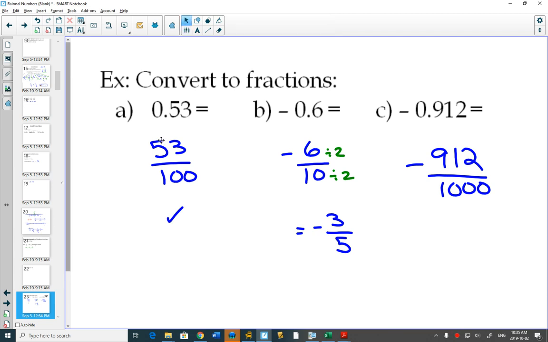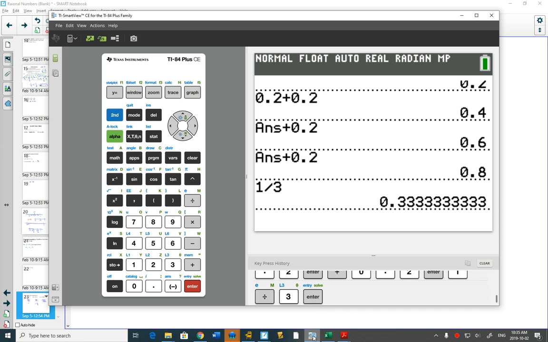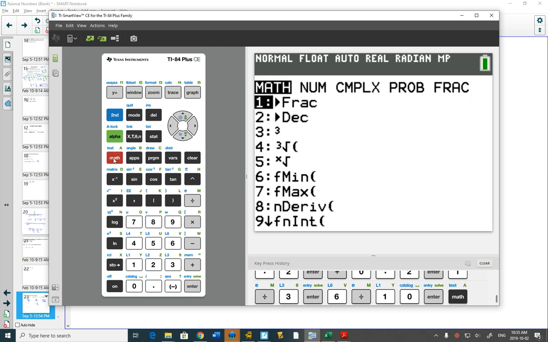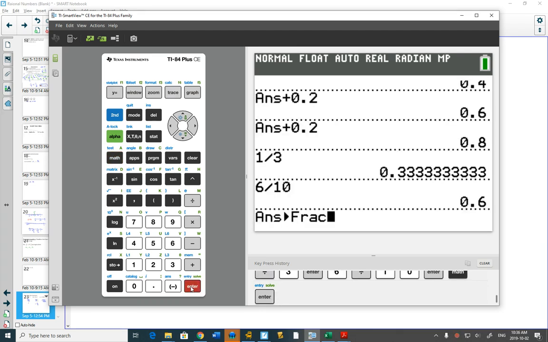Now some calculators, check this out. Some calculators, when you get a decimal, so when I do 6 divided by 10, tells me 0.6. Some calculators allow you to change a decimal back to a fraction. On my calculator here, I can change it by going math and says, number 1, change it to a fraction. Says, would you like to change your answer to a fraction?